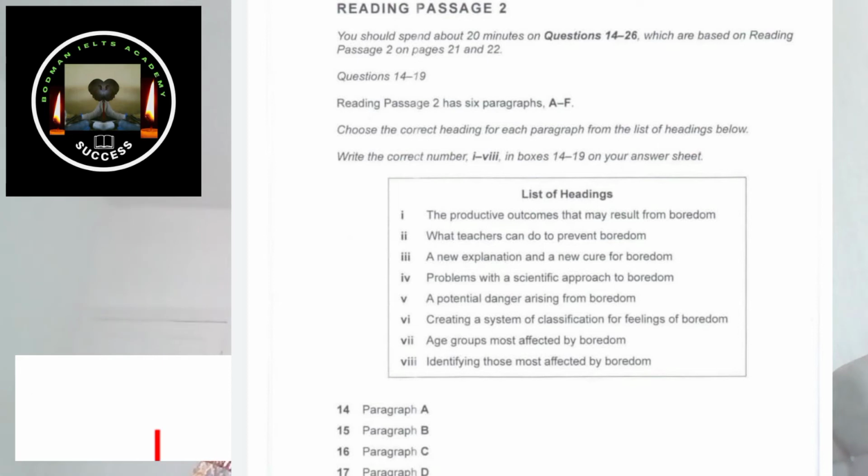Did they talk about danger there? I don't think so. Creating a system of classification for feelings of boredom. I don't think they talk about classification there. Age group most affected by boredom. Did they talk about an age group most affected by boredom in that paragraph? I don't think so.